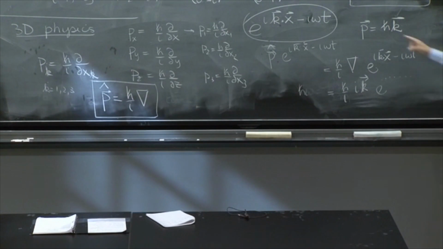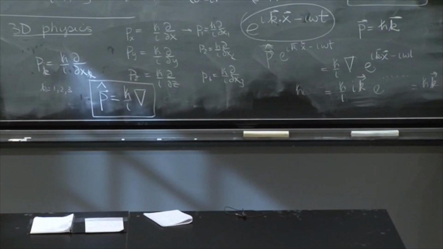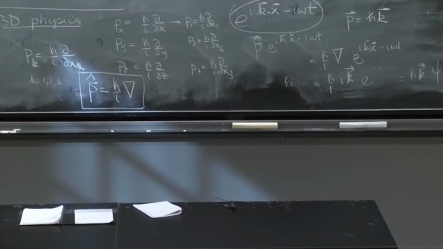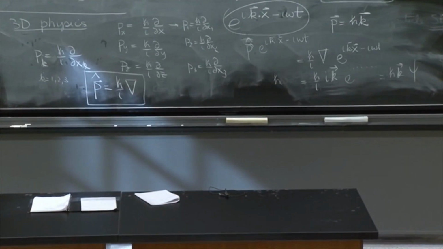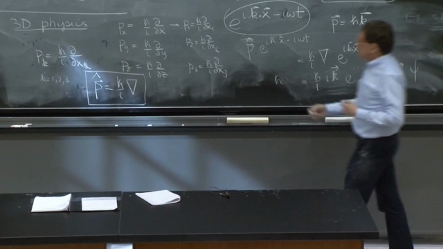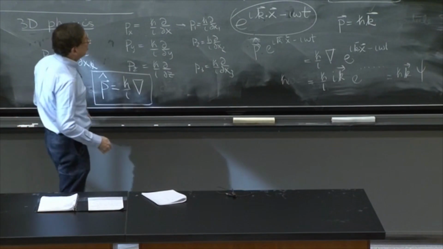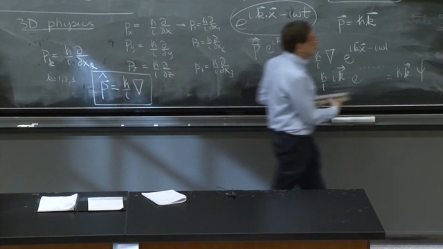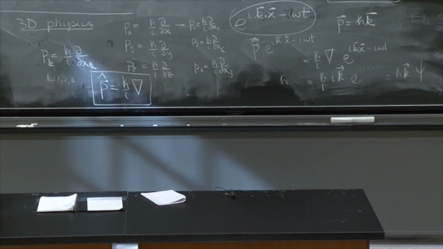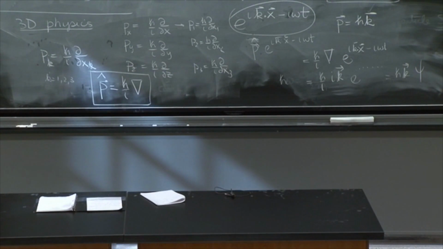So you get h bar k, which is the vector momentum, times the wave function. So the momentum operator has become the gradient. This is all nice.